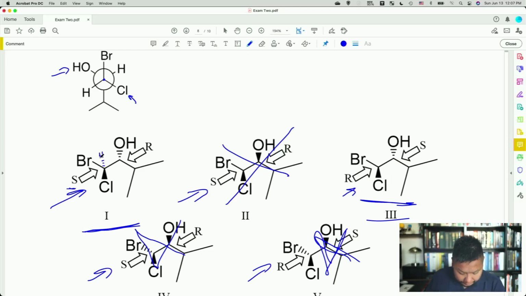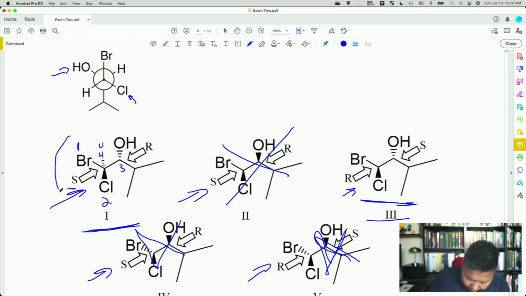Let's go ahead and label our priorities. Bromine has the highest priority, it's the highest atomic number. Chlorine comes after that, and then carbon right here comes after that, and then hydrogen is 4.